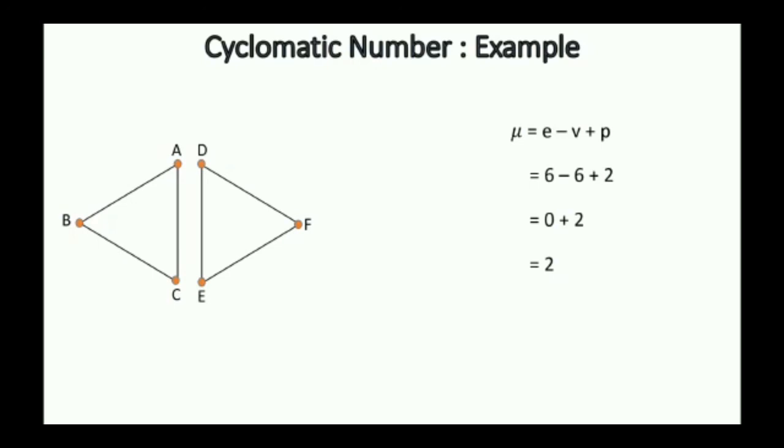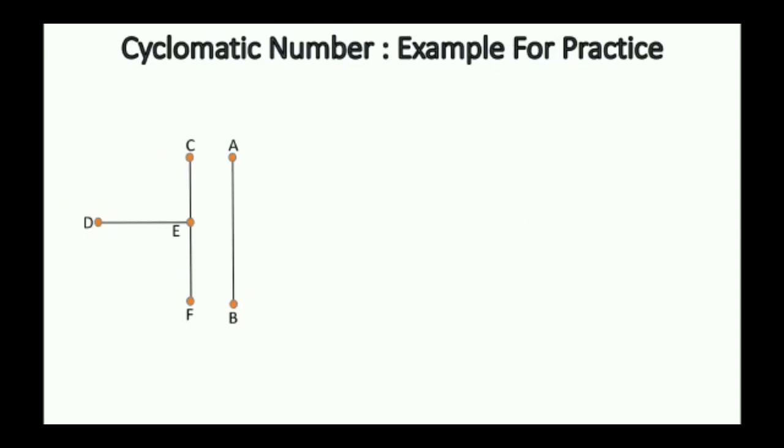In the diagram, there are 6 edges and 6 vertices and the number of graphs is 2. Therefore, 6 minus 6 plus 2 and the answer is 2. This is the example of the cyclomatic number for practice.